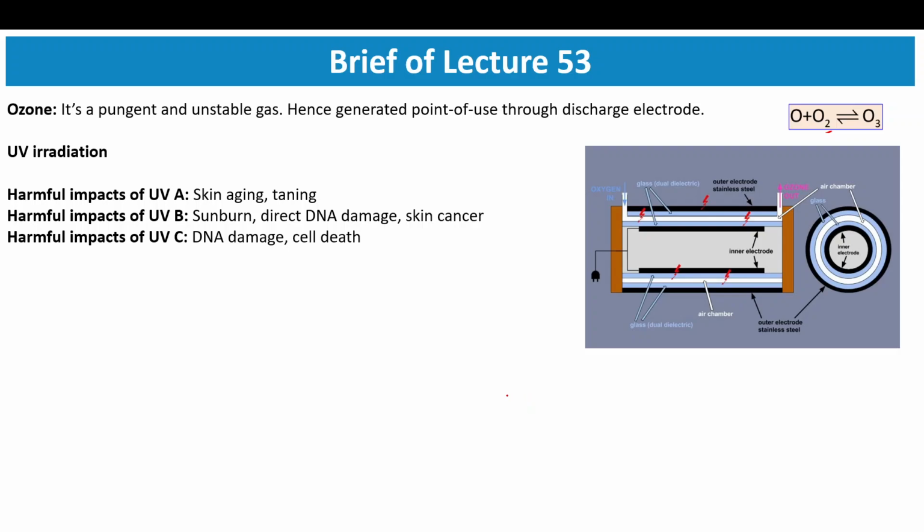And next is UV irradiation. Now UV is nothing but, if you look into the wavelength, then below 400 or 300, below the visible range, is the wavelength corresponding to UV.